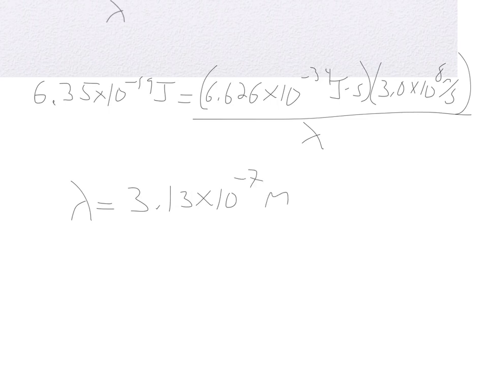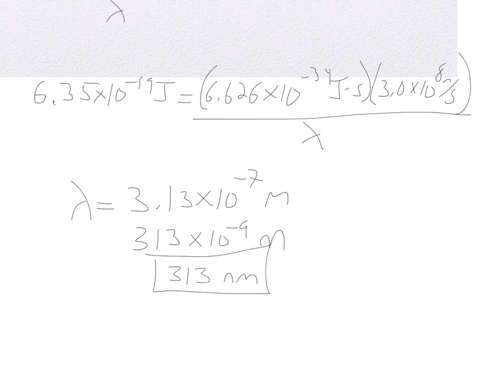Now remember what I said about that exponent. We want to figure out where this is in the electromagnetic spectrum. Visible light is our guidepost, so we want to compare everything to visible light, which is on the nanometer scale. That negative 7th is really saying I have 313 times 10 to the negative 9th meters, which is 313 nanometers.